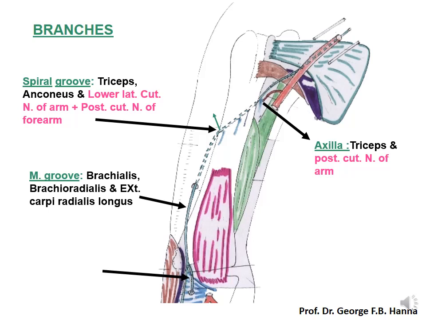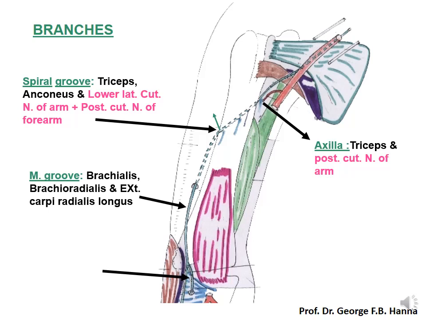As you can see, it is supplying the radial nerve itself before termination. It supplies number 1 triceps, number 2 anconeus, number 3 brachialis, number 4 brachioradialis, number 5 extensor carpi radialis longus. 5 muscles.